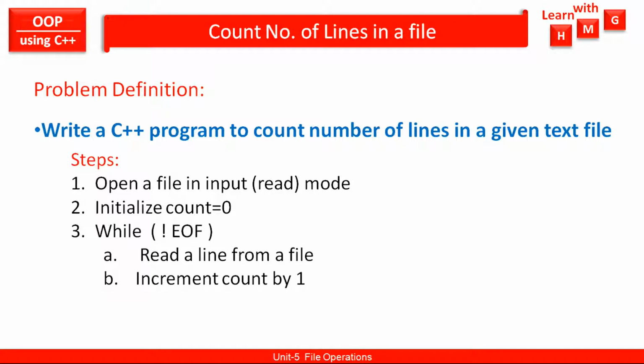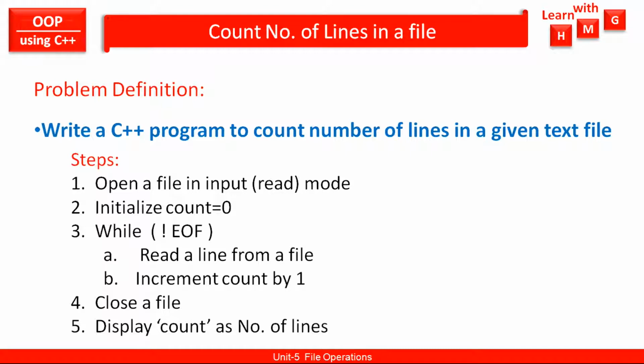So like this the loop will continue until the end of file character is detected. Once end of file character is encountered, the loop will stop and then we will close the file, and finally we will display the result, that is the count as number of lines.